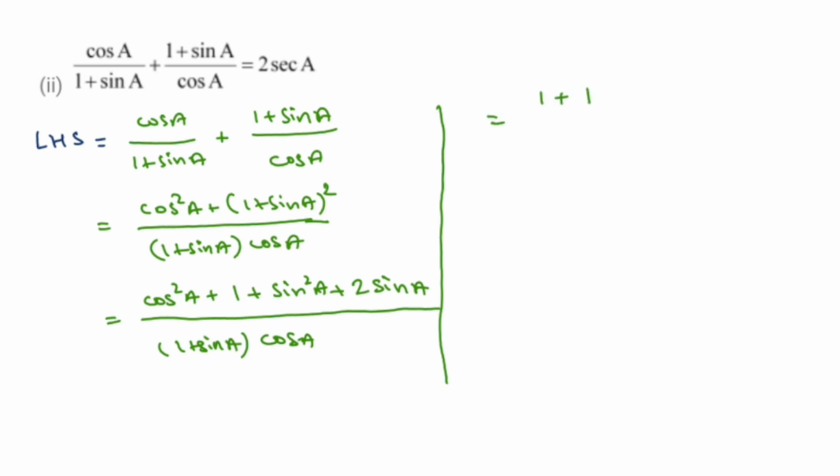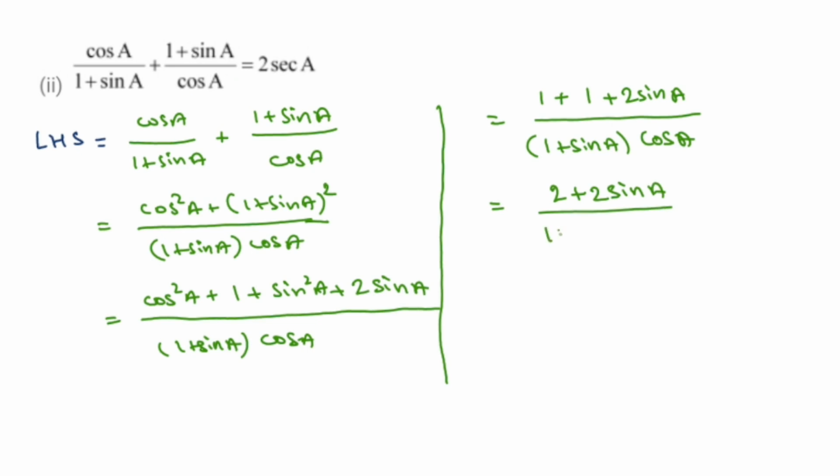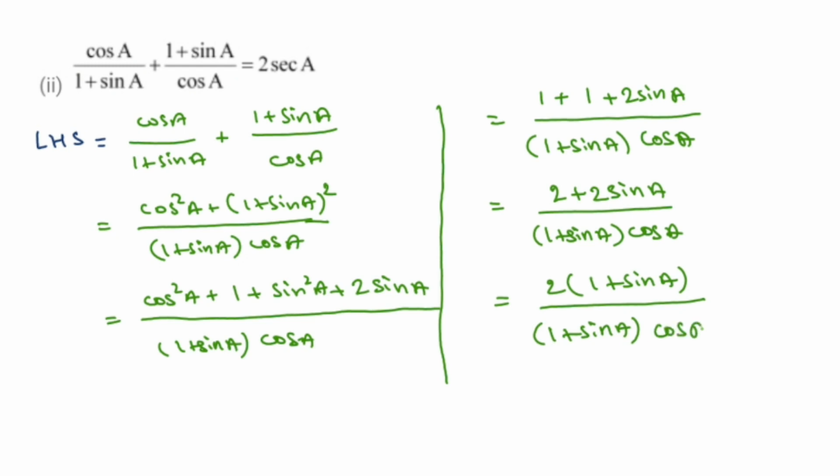So 1 plus 1 is 2, so we get 2 plus 2 sin A divided by (1 plus sin A) into cos A. 2 common, (1 plus sin A) divided by (1 plus sin A) into cos A. So 1 plus sin A cancels with 1 plus sin A. Therefore, we will remain with 2 divided by cos A. 2 as it is, 1 divided by cos A is secant A, which is RHS.